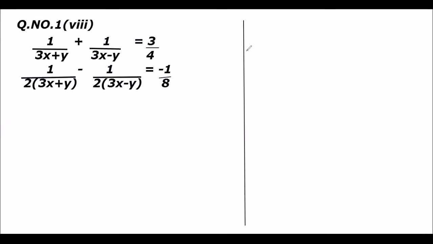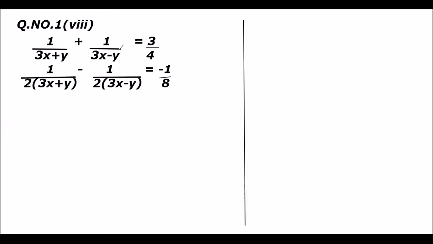Before we start solving this question, let's concentrate upon the given equations first. In these equations, the denominator of the first term in the first equation and the denominator of the first term in the second equation have something common.